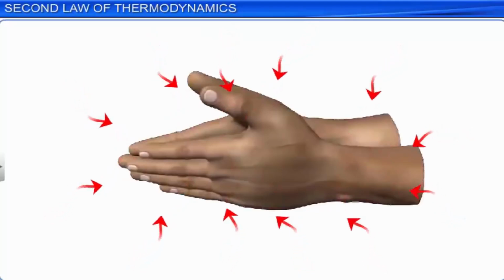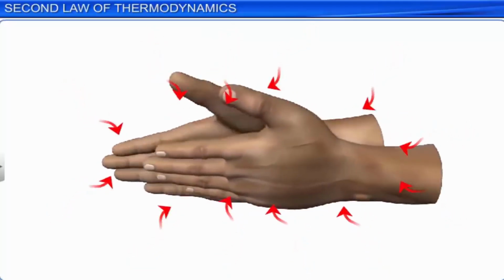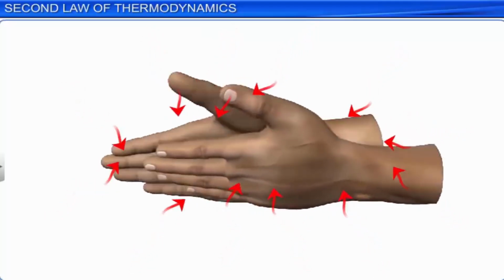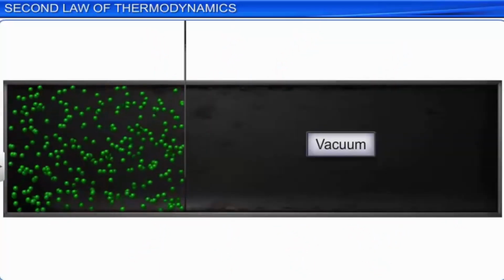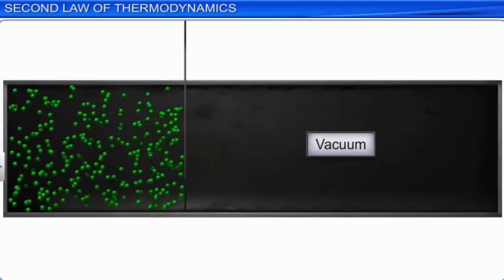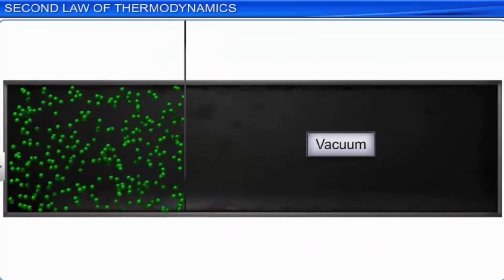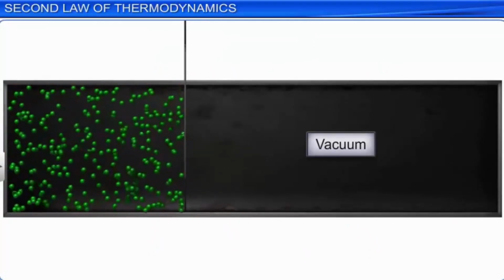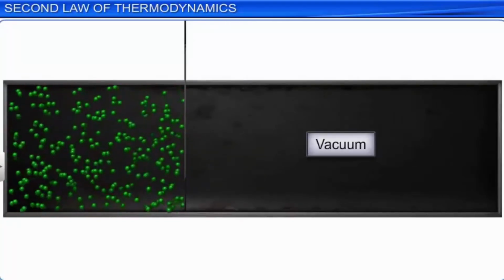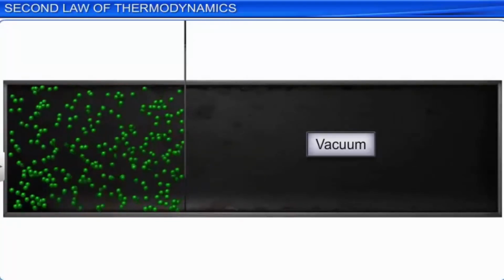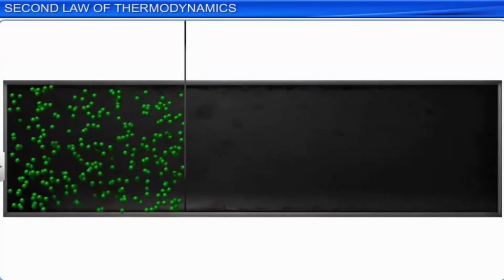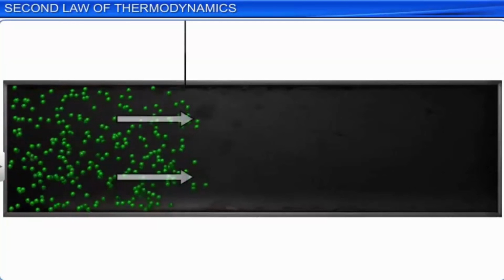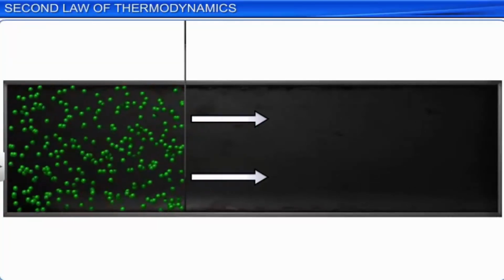Consider a metallic box with two chambers separated by a partition. One of the chambers is filled with some gas and the other chamber is empty. If the partition is lifted, we all know that the gas diffuses to the other chamber.